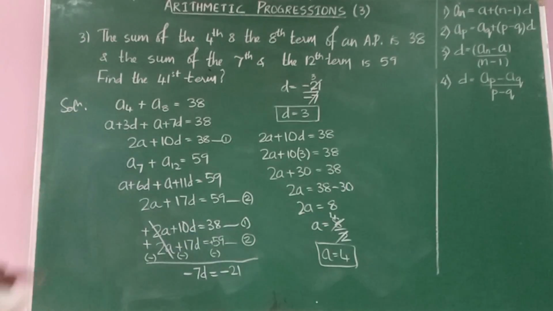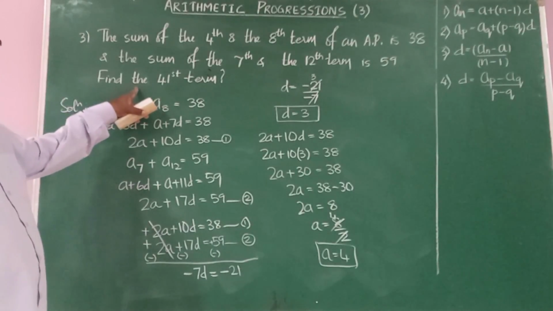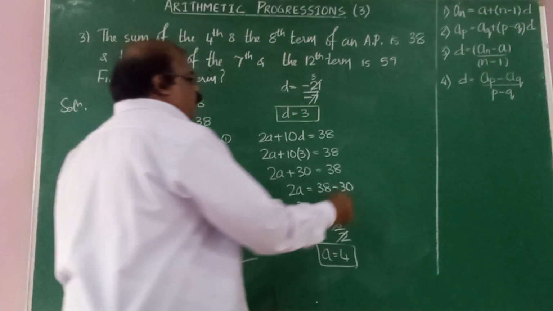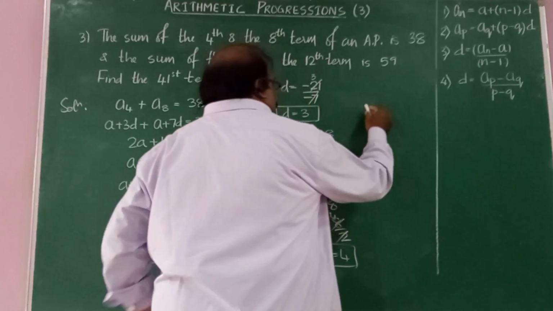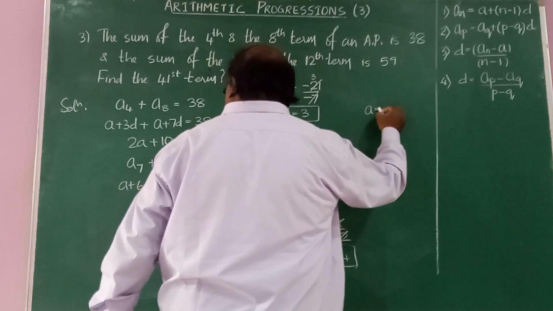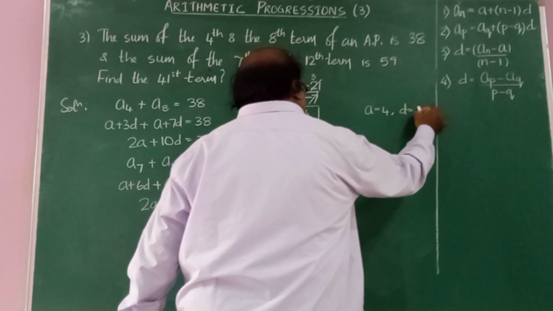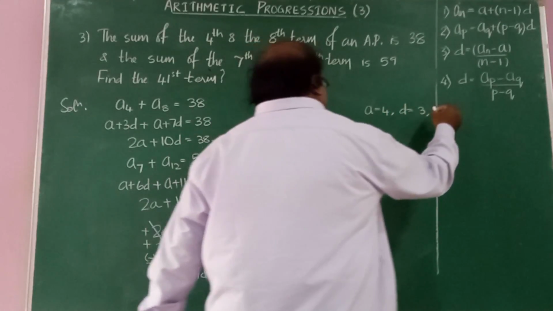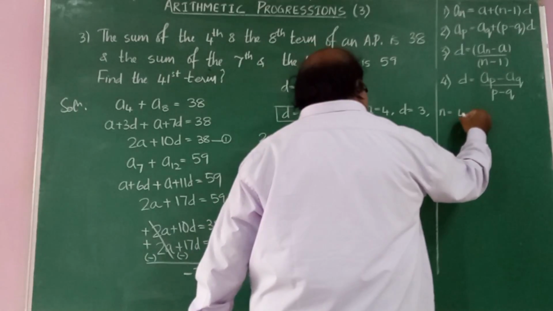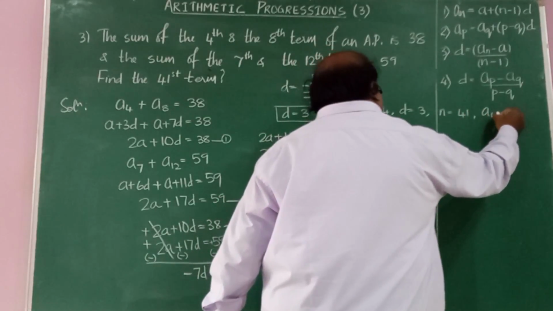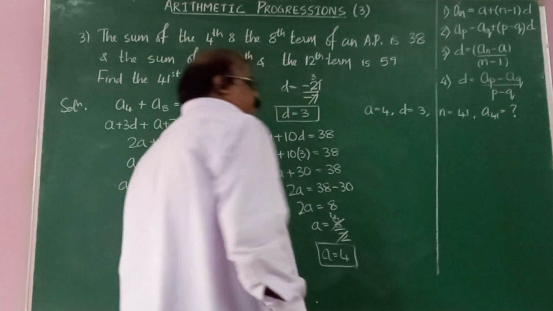In this particular sum, I asked you to find out the 41st term of the AP. So what is given to you? We know that A is equal to 4, D is equal to 3, N is equal to 41. I asked you for what is the 41st term.